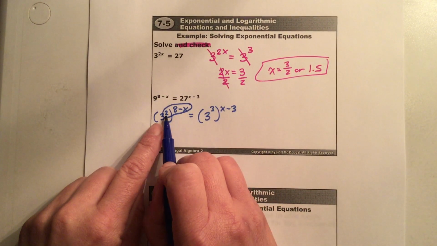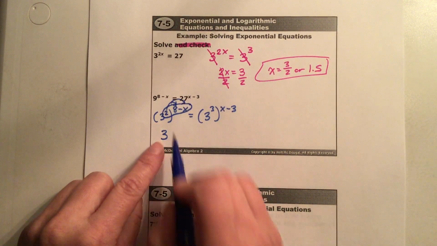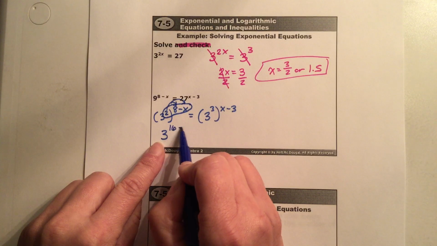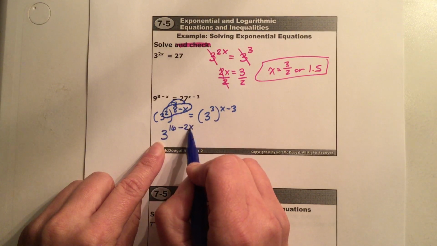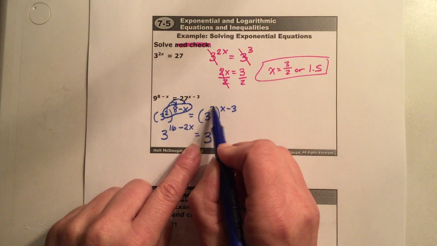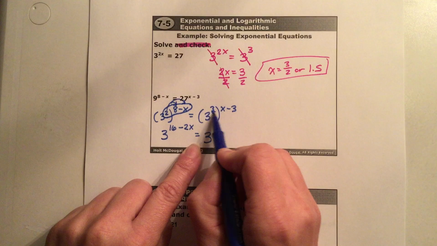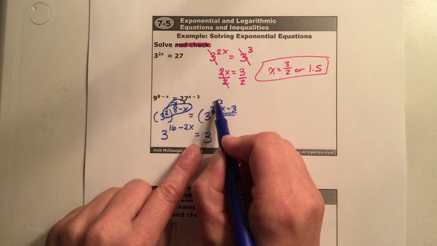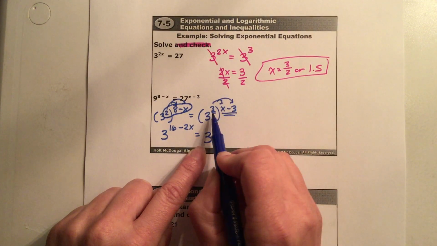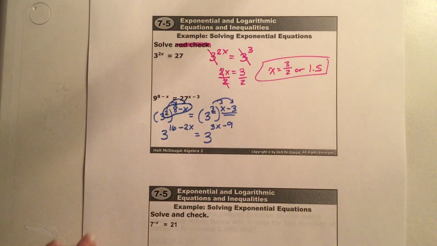When I'm multiplying, this is one term times two terms. So this 2 has to go to both. 2 times 8 is 16, minus 2 times x is 2x, equals, my base is a 3. Exponents inside, exponents outside, so you multiply them. One term times two terms. In order to do that, you have to distribute. 3 times x is 3x, minus 3 times 3 is 9.